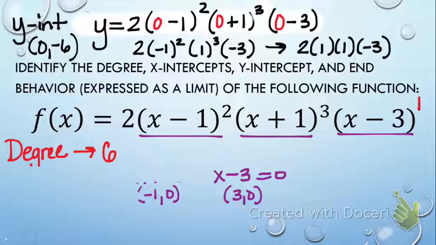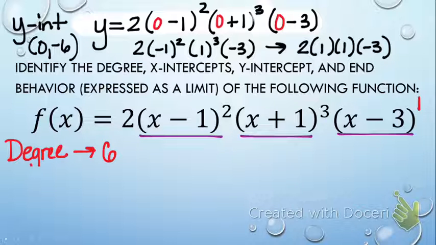So for your limit, first of all, are the arrows going to go the same direction or opposite directions? Same, because it's a 6 degree and 6 is even. And this 2, is that a positive 2 or a negative 2? So that tells me that both sides will go up.